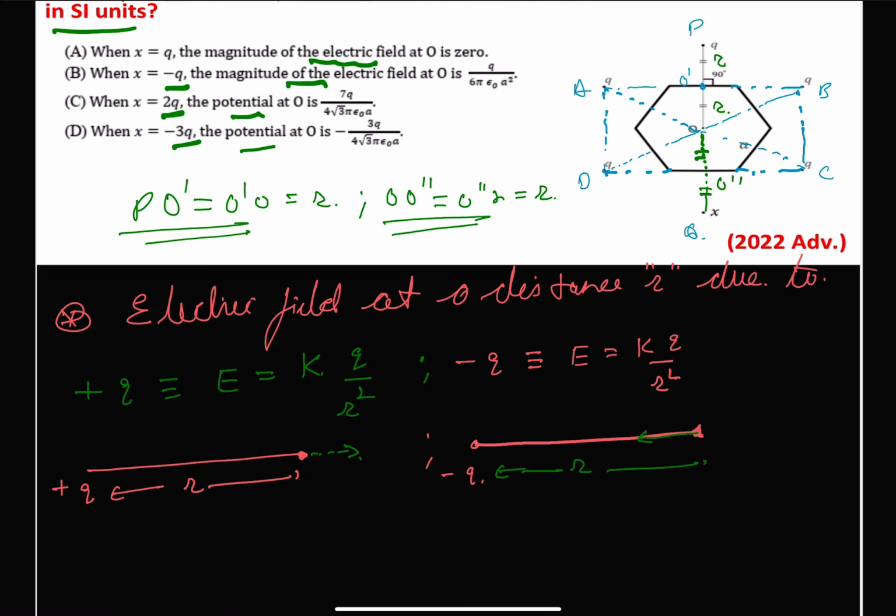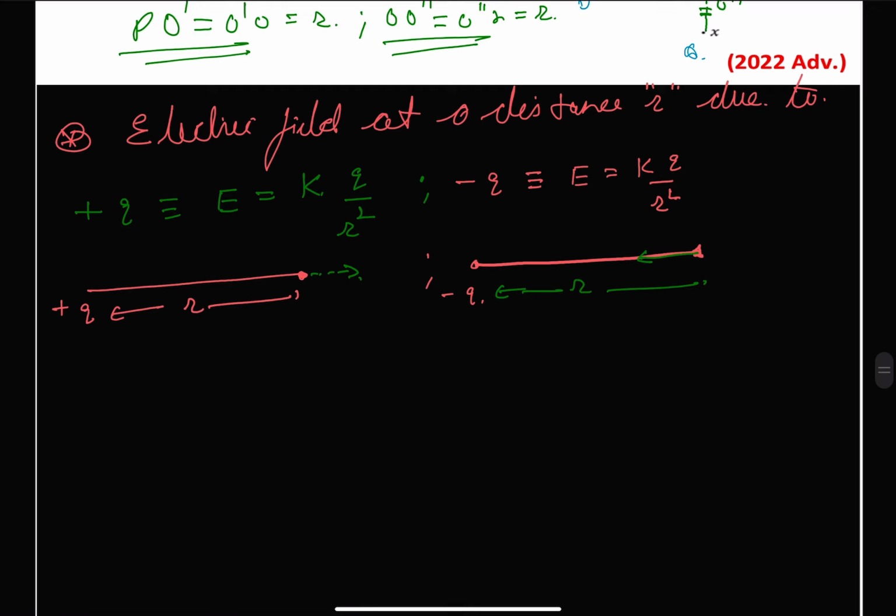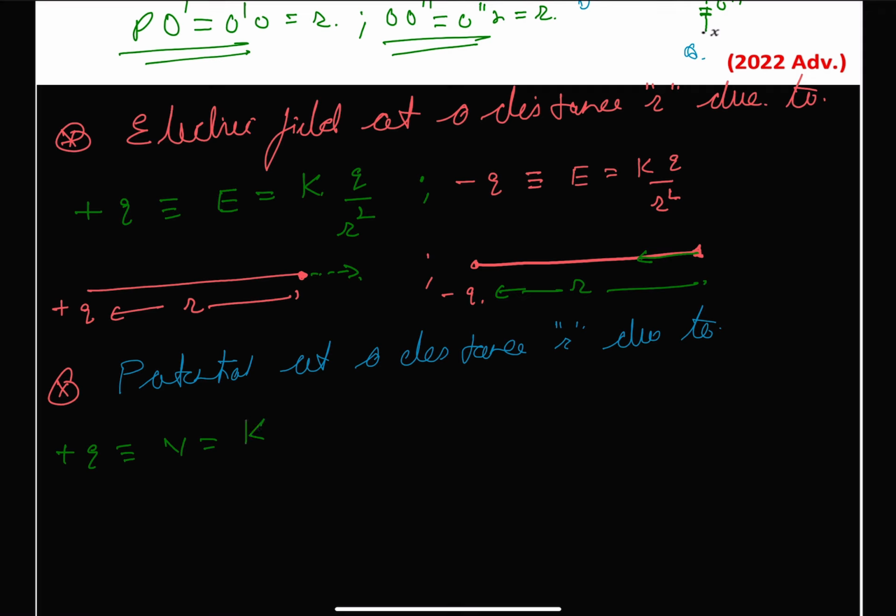Similarly, we can write for the potential. Potential at a distance r due to, first of all, a positive charge: its potential V will be K q upon r, and when we have minus q, this will be K times minus q upon r.